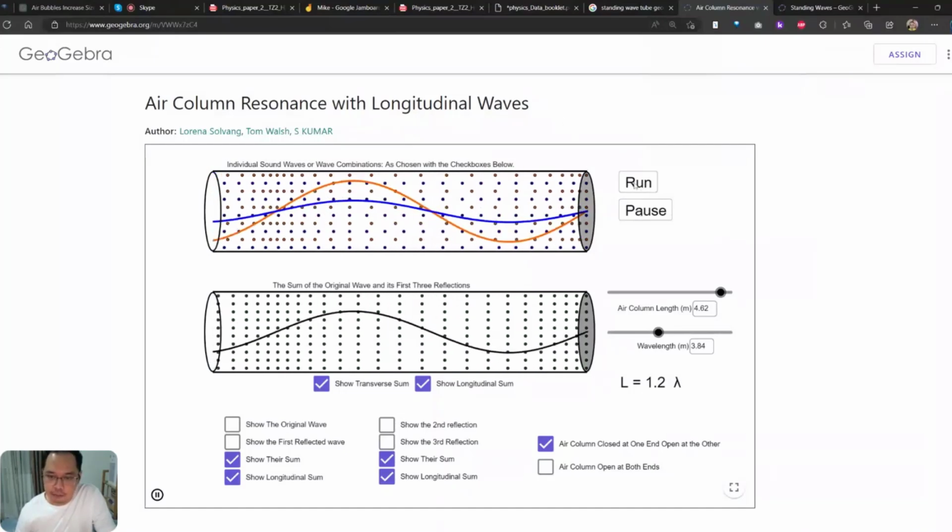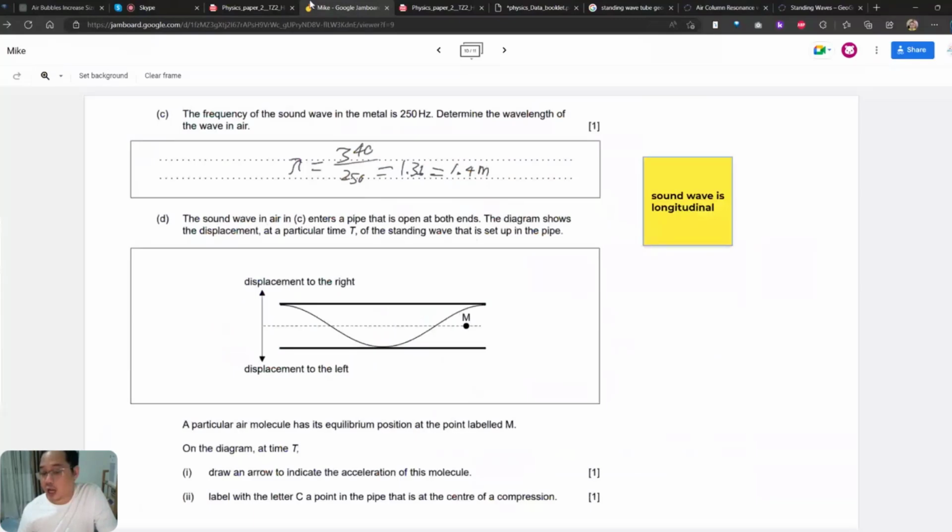Each particle here is performing simple harmonic oscillation, and therefore we have a relationship between acceleration and displacement, which is a equals minus omega squared times x, the equation that we've used earlier in the previous question.